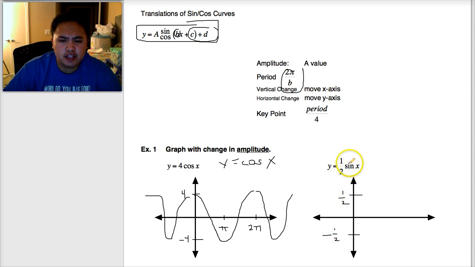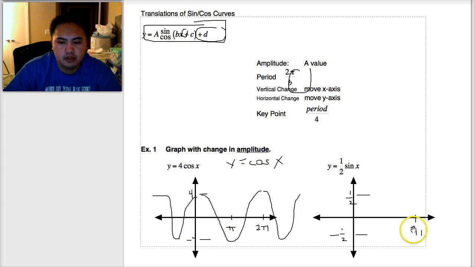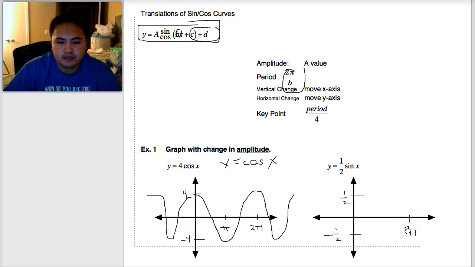And another difference is that this is sine, and remember cosine actually starts at a number, it started at 1, but sine starts at 0, 0. The period doesn't change, there's no number in front of x, and there's no numbers out here, so it's going to be the exact same thing. Remember, I like to do the period and the halfway point, so the period's 2 pi, the halfway point is pi.